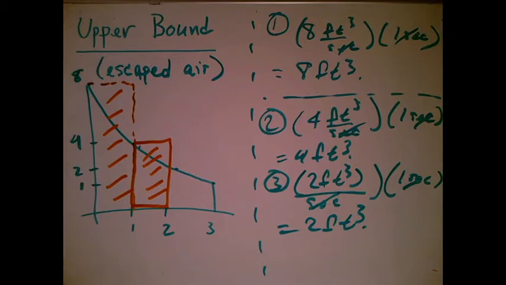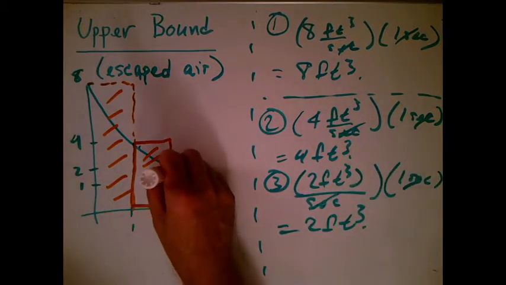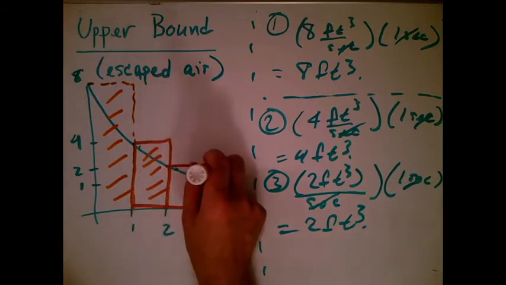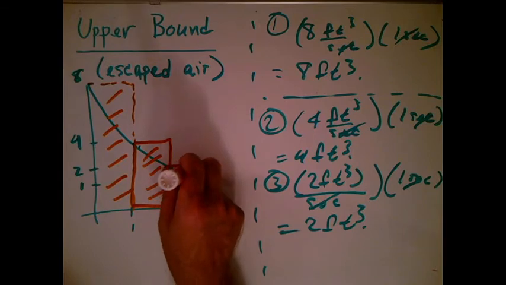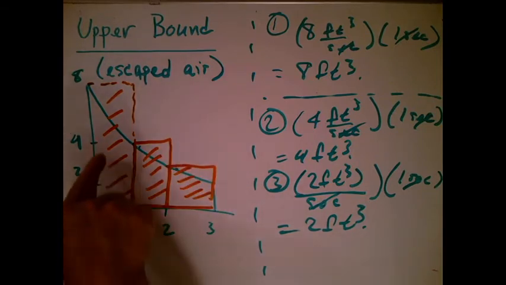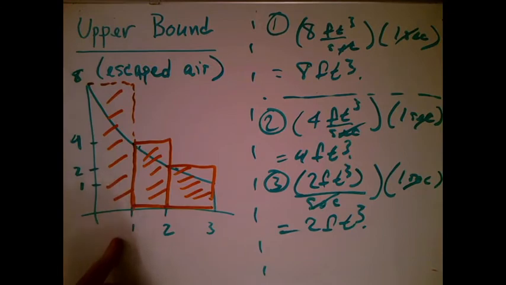Notice, by the way, the 2 times 1 is always the area of a rectangle. Which rectangle? The rectangle that was 2 units high and 1 unit wide. And this is the area that we just calculated. So the first area calculated was bigger than the corresponding area under the rate graph.